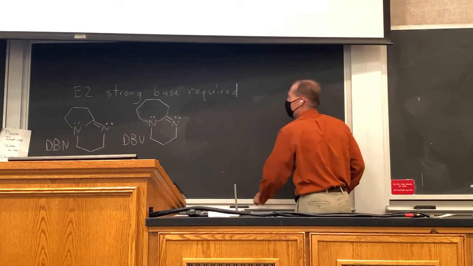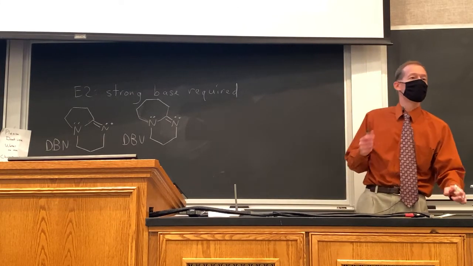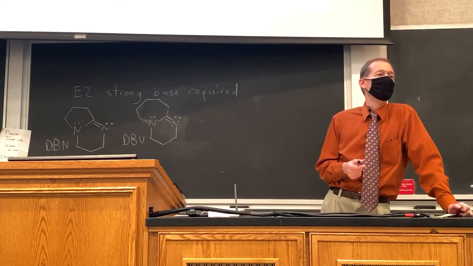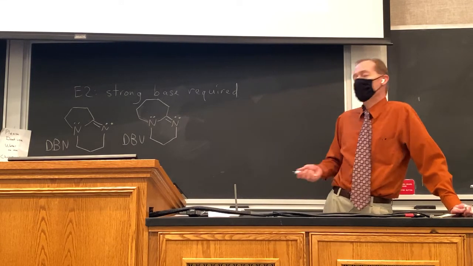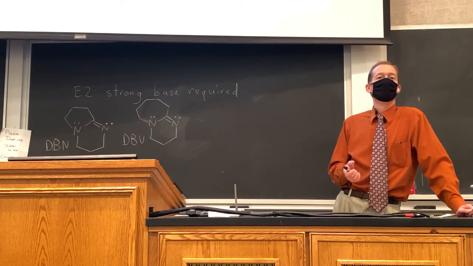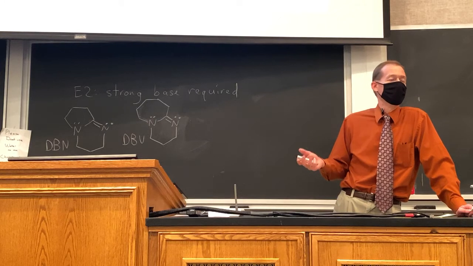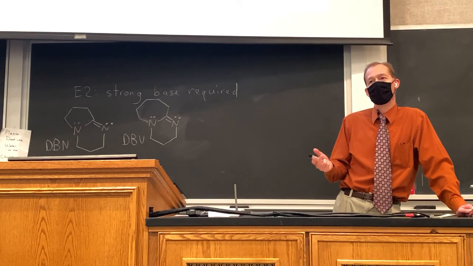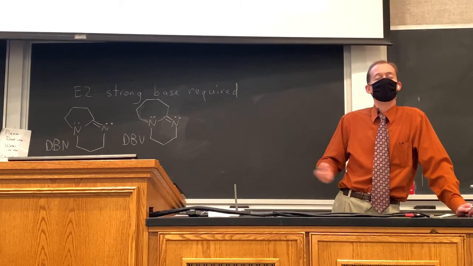Most nitrogen-containing compounds that are neutral, such as ammonia, are weak bases. And these bases are stronger bases than ammonia or other amines, other nitrogen-containing compounds. They're essentially 100 times stronger than a normal amine or nitrogen-containing compound.